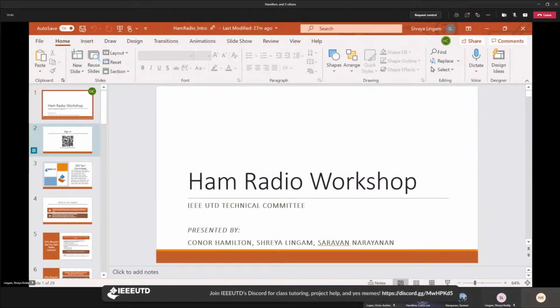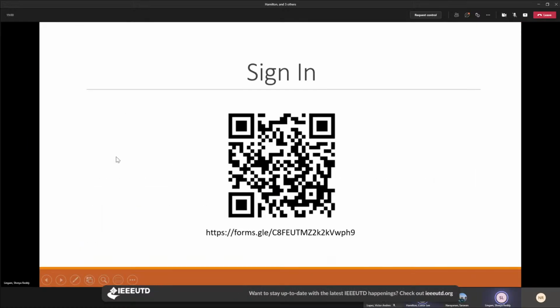It looks like Shreya is going to try to figure out what's going on with her screen. For the meantime, you guys can go ahead and sign in using this link. Perfect. And we'll try to get Shreya back. Okay, hi, I'm back. So there should be a QR code up, so if everyone could just take a moment to sign in, that'd be great.